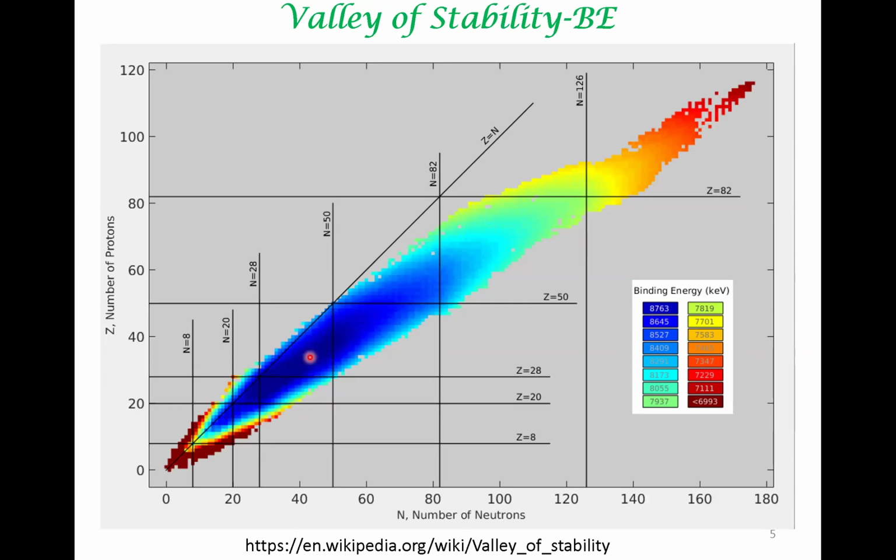The change in binding energy is gradual, it is not a sudden change. When you go from the valley where you see the most stable nuclei, as you move in this direction, the binding energy gradually changes. You get to fairly unstable nuclei with low binding energy. Likewise, as you go in this direction, you get to nuclei which are less and less stable. So this is an important plot.